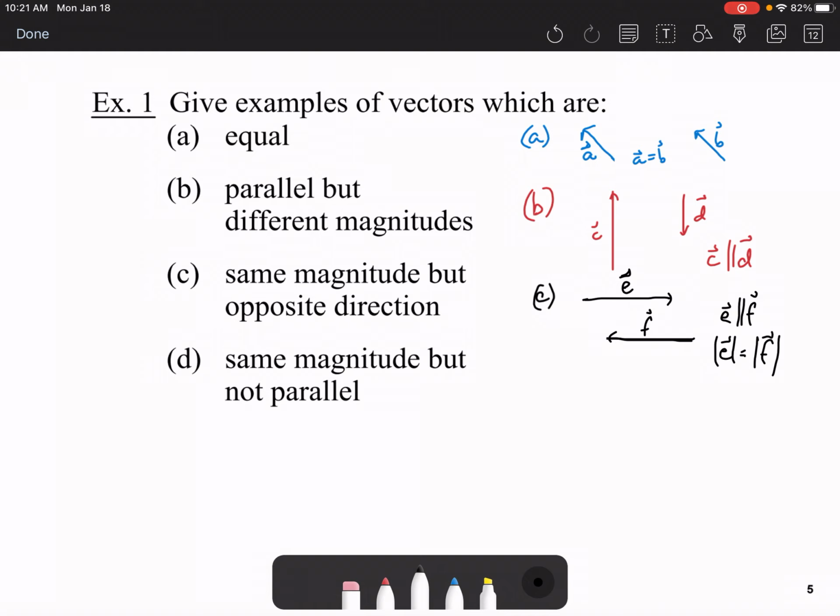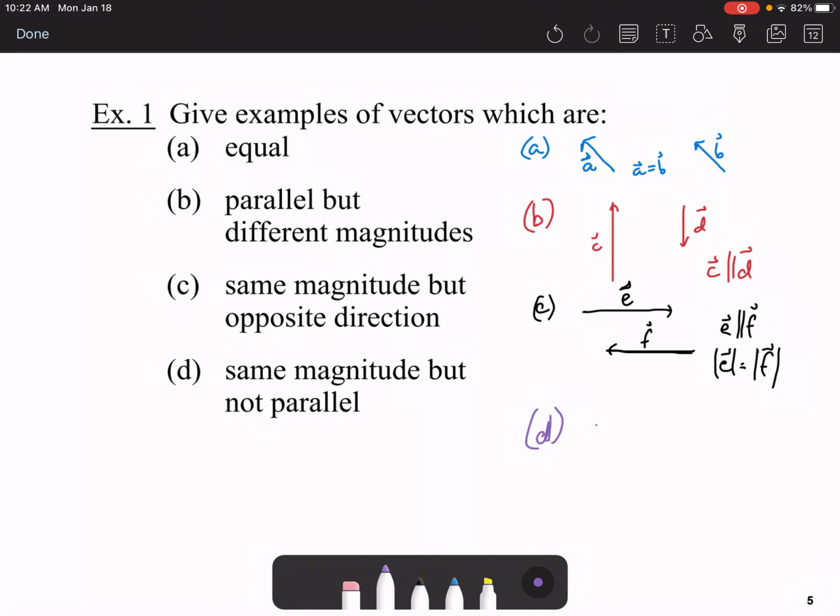Okay, last one. Same magnitude, but not parallel. More challenging. So this was where your ruler comes in handy here. So draw something one size. So for me, I'm drawing this as 2 centimeters.